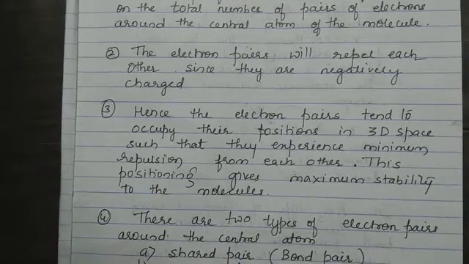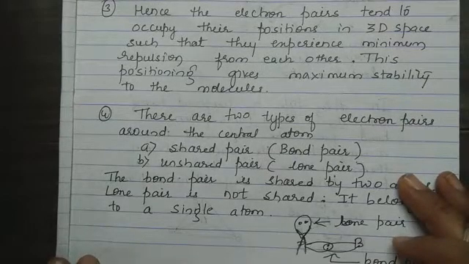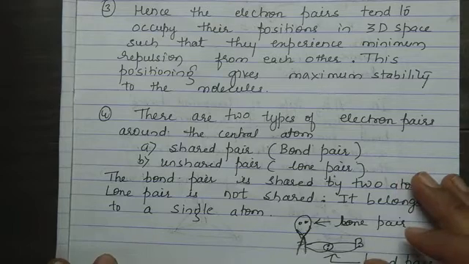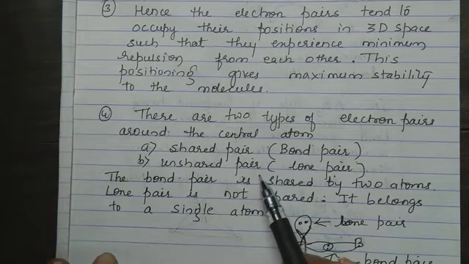There are two types of electron pairs around the central atom. One is called the shared pair, and the other is called the unshared pair. What do you mean by shared pair?